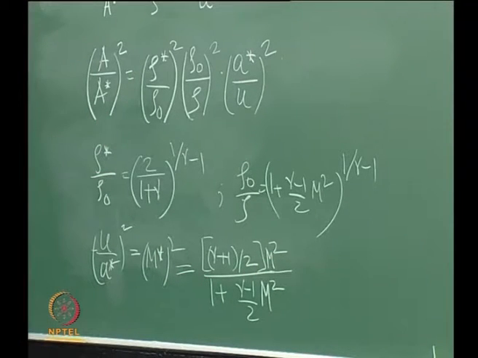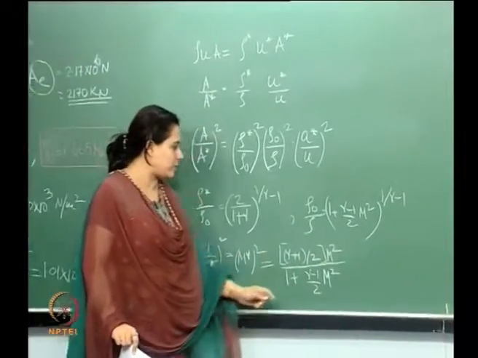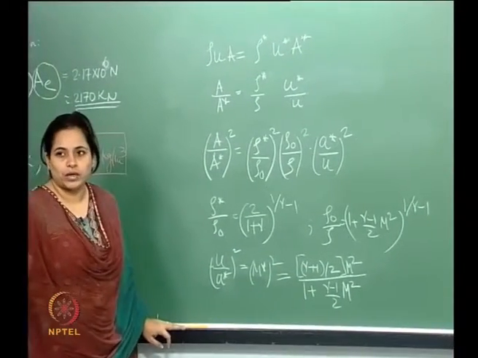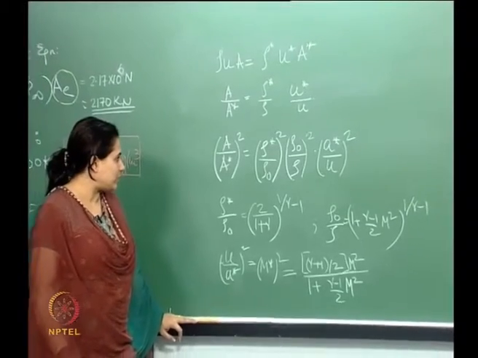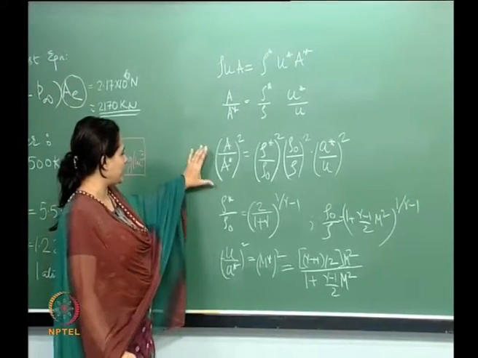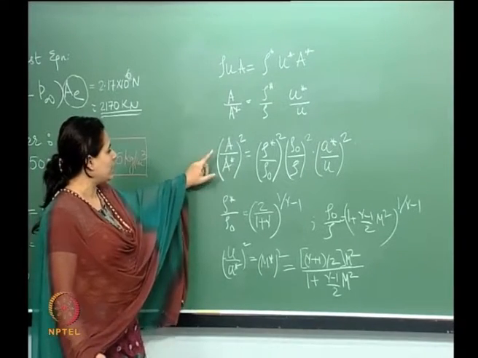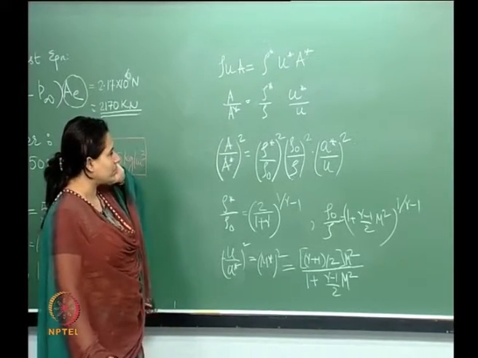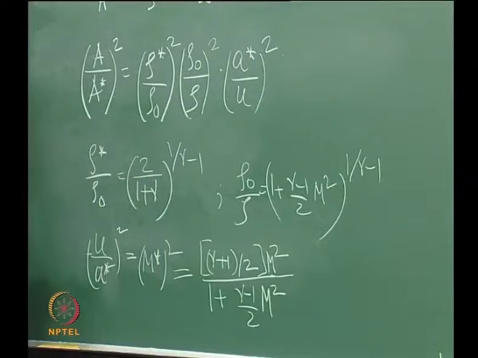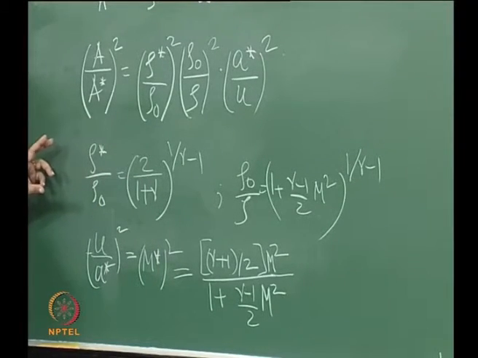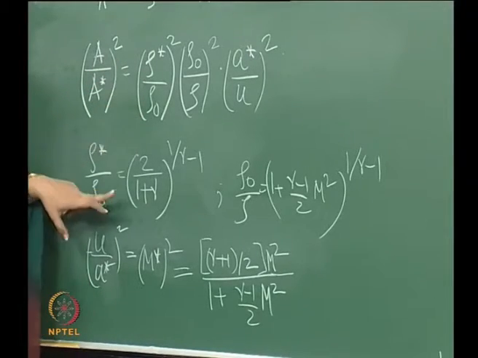so this is gamma plus 1 by 2, right. Then you connect that with the Mach number. Okay. So this is the relationship that we have. If you look at this particular expression here, A by A star, what we will have is a finite value which you get from here.